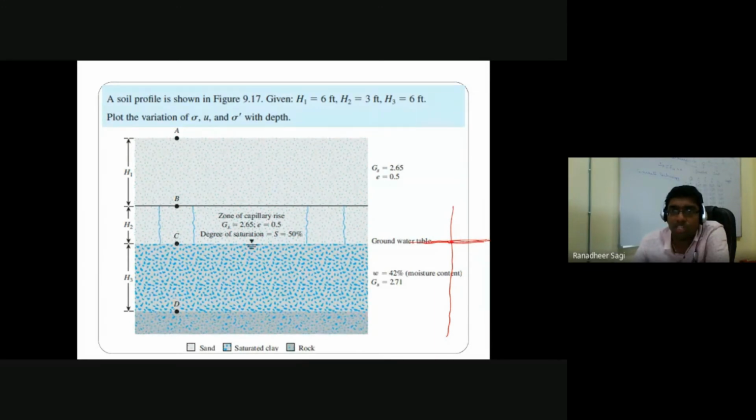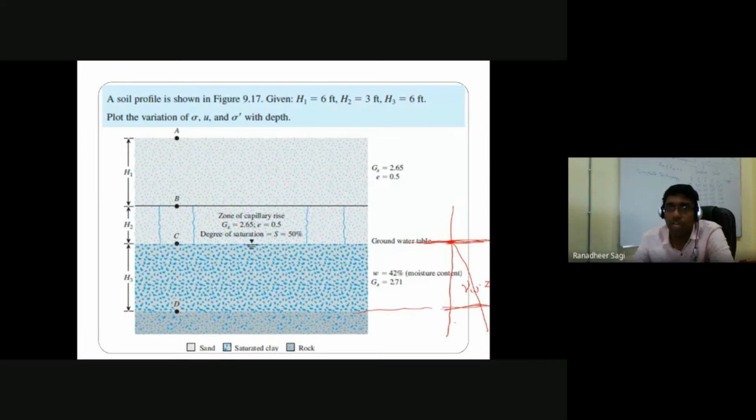So how much is going to be your pore water pressure at the position of the water table? Pore water pressure at the position of the water table is always equal to 0. And as you move into deeper and deeper depth, the pore water pressure continuously increases, where the pore water pressure at any depth below the water table can be calculated as simply gamma W into Z. At what depth below the water table you are talking about? At a depth of 1 meter or 2 meters or 3 meters or 4 meters. Let's say at the depth of point D, that means here.